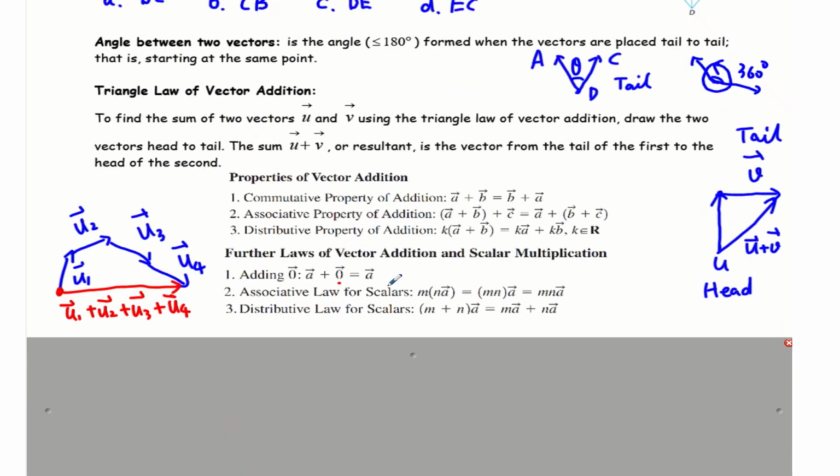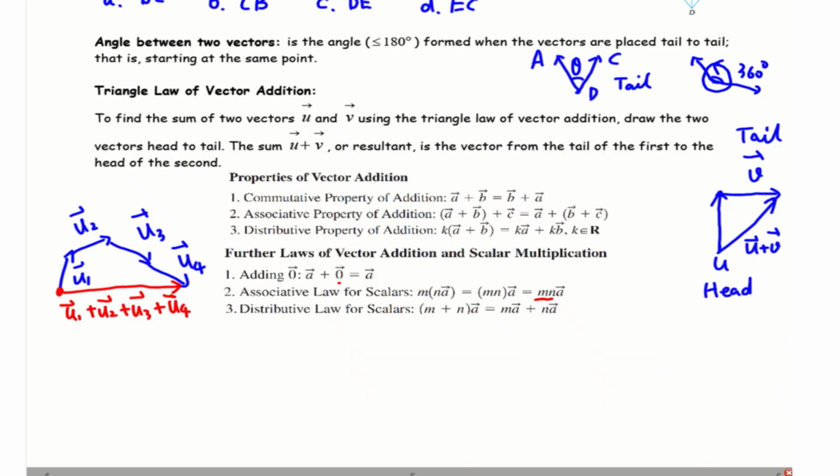It will be A. And if you have times a scalar only, you just times the scalars together, then times a vector. So you add two scalars in brackets, you can separate it, MA plus NA. So these are several laws you could use.